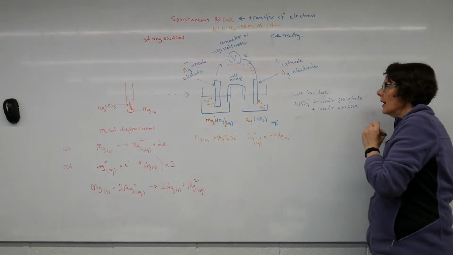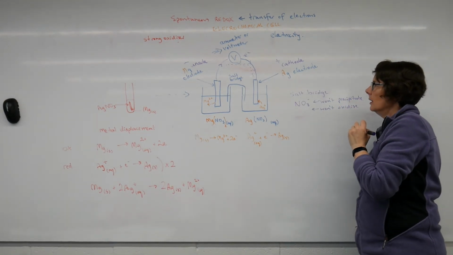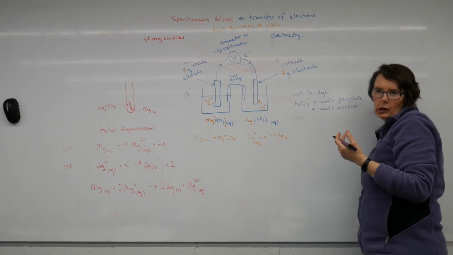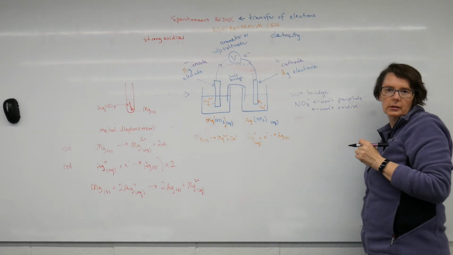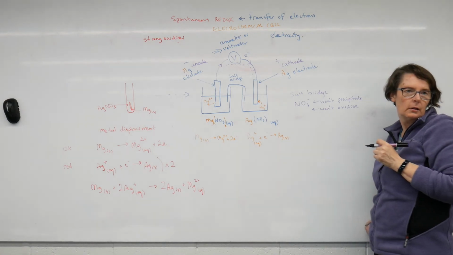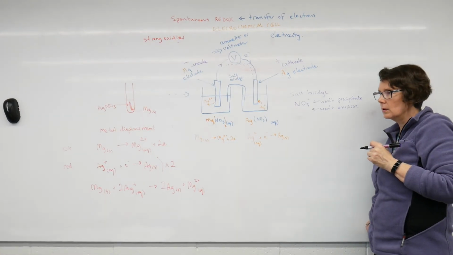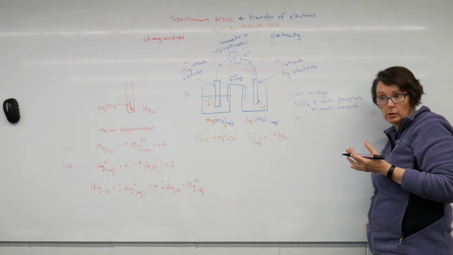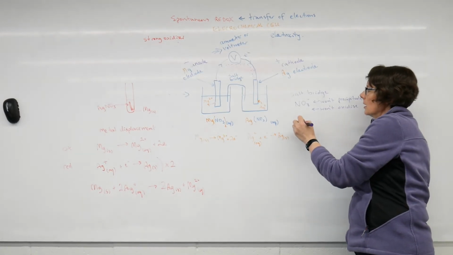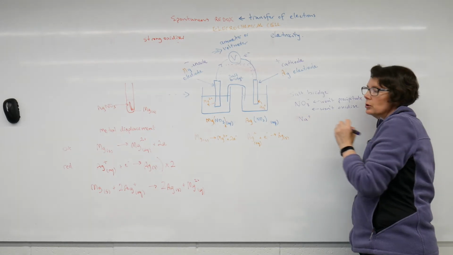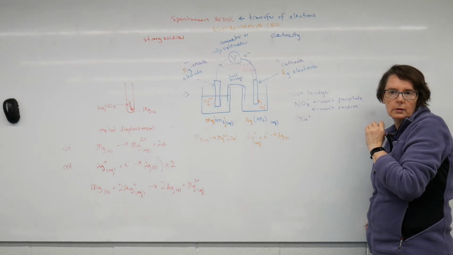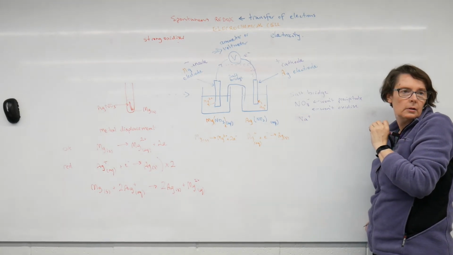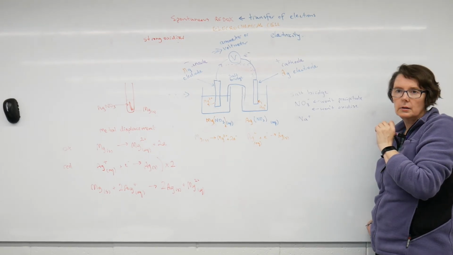Okay, so we've got our nitrate ion. What's going to go with our nitrate? There's got to be something with it. Sodium. Sodium nitrate. Okay, sodium nitrate. Why would we choose sodium? Because it can't be reduced in a solution.